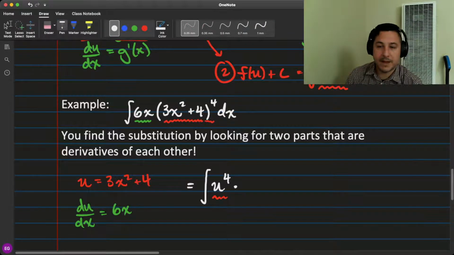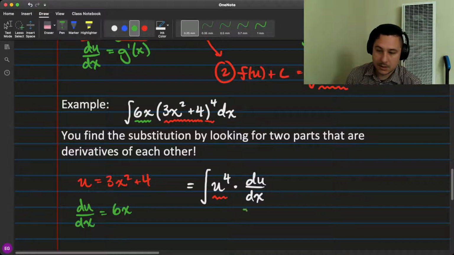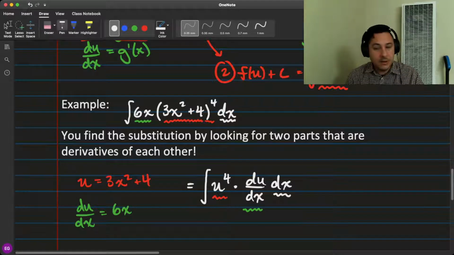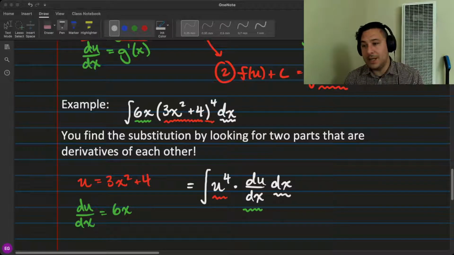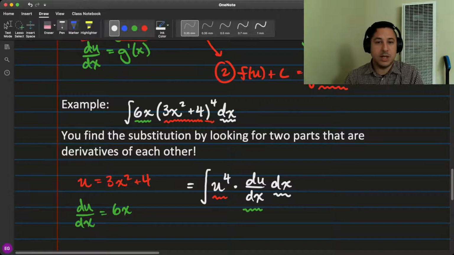And then you multiply that by 6x, but 6x is replaced by du dx. So du dx is that 6x, and then you have your dx. This goes with that. When you do this, you have to be very careful. You need to make sure that everything is replaced. You can't just leave some stuff dangling. So you need to check to make sure that everything has been replaced.